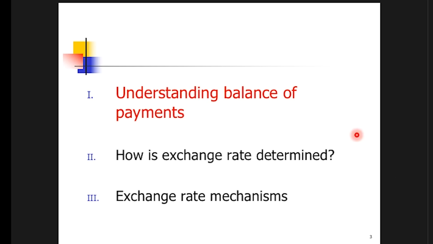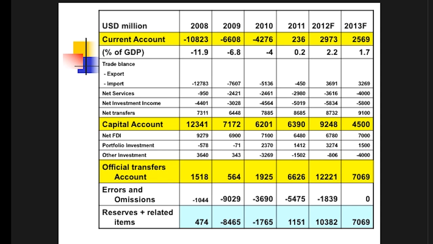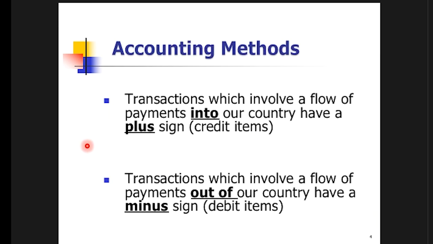The balance of payments, for example in this table, is the summary of all international activity between one economy and the rest of the world. When you have any transaction between one economy and the rest of the world, the transaction is accounted for following this method.